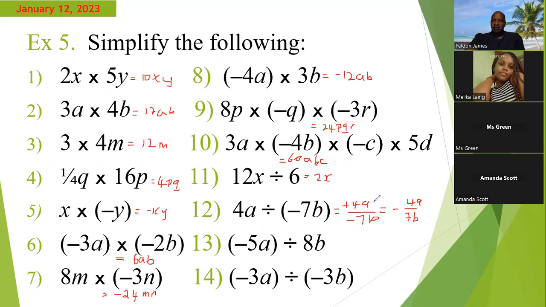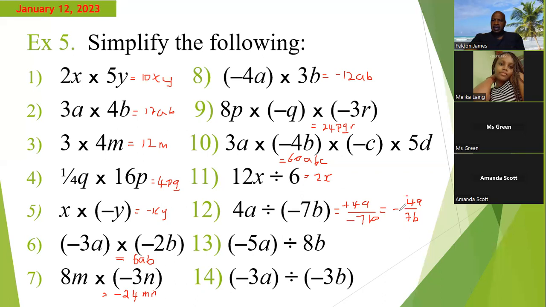So the entire fraction that you get now, 4a over 7b, becomes negative.